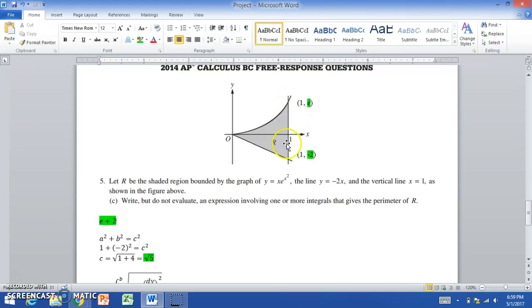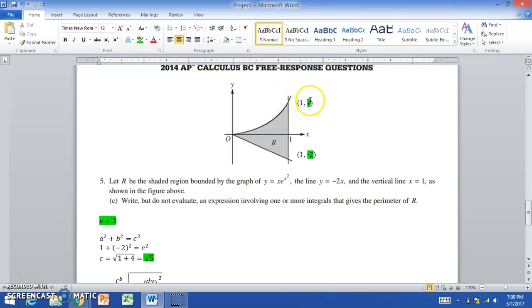Now we just need to find their y values. From part B, we know that we drew a line across y equals negative 2, so we can say that the intersecting point is 1, negative 2. And if we plug in 1 into the exponential function, then we get e as the y value.